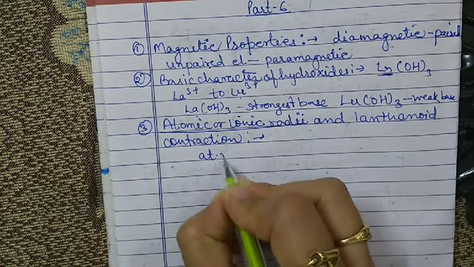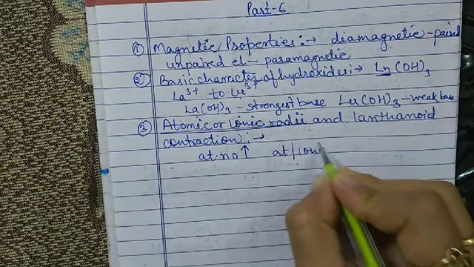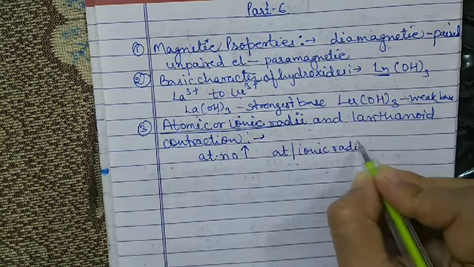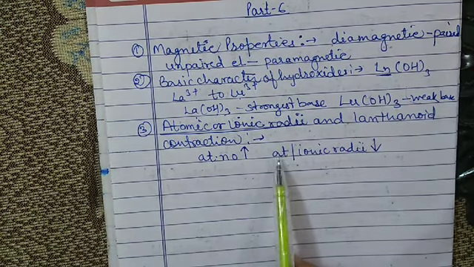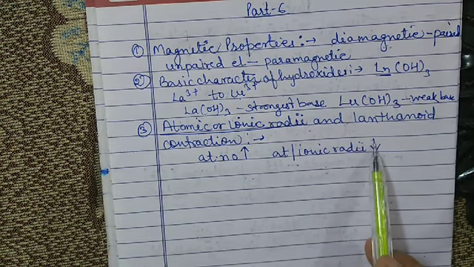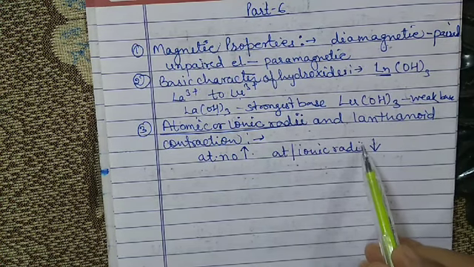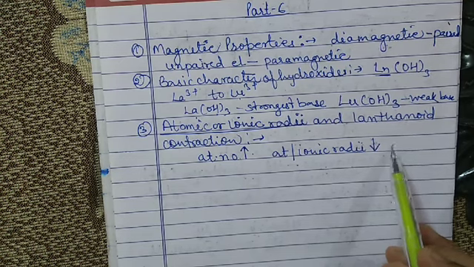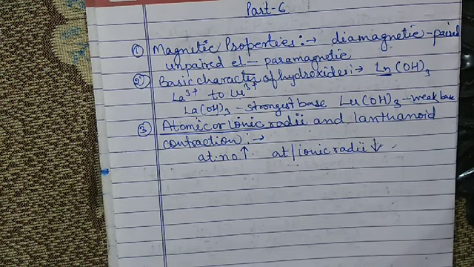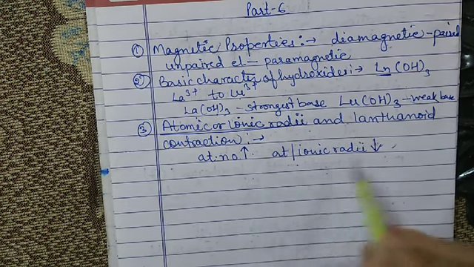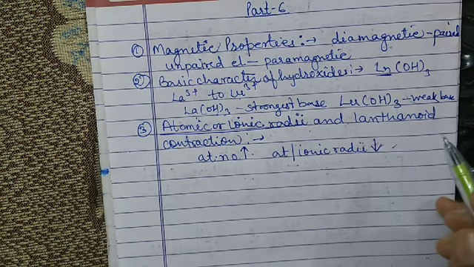As the atomic number increases, the atomic or ionic radii decrease from one element to the next. But the decrease is very small. The decrease which takes place between the atomic radii is very small.